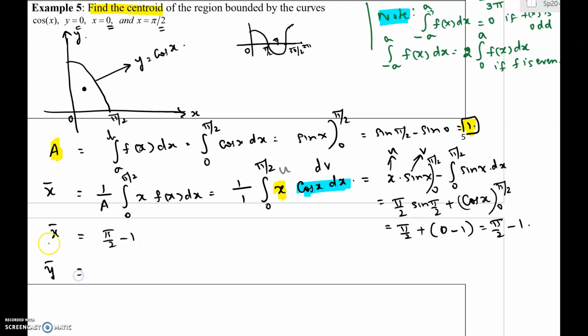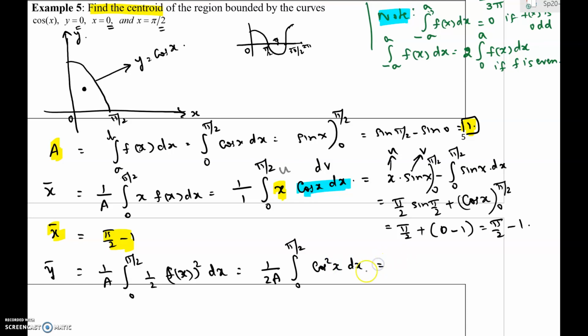Then the y coordinate of the centroid, by the formula, is equal to 1 over A integral 0 through pi by 2 of 1 half f of x squared dx. So it's 1 over 2A, A equal to 1 anyways, integral 0 to pi by 2 of f of x squared, which is cosine square x dx. So A equal to 1, which we evaluated before. So it is 1 over 2 integral 0 to pi by 2.